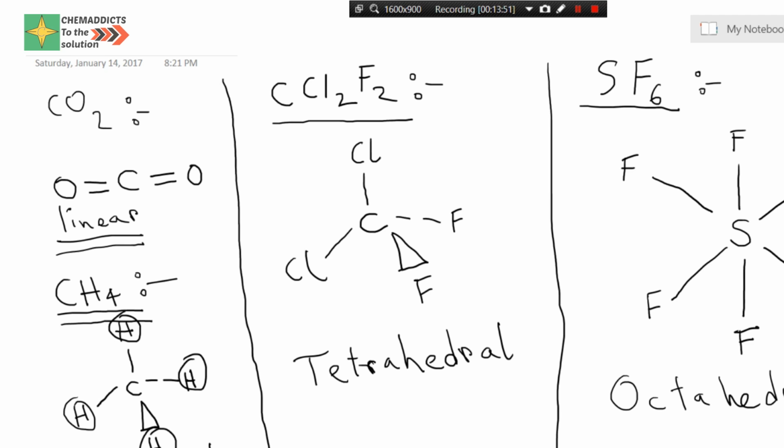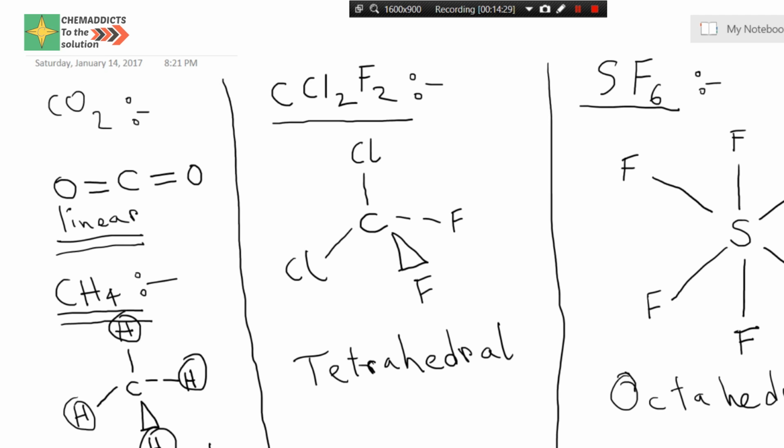I don't know the name of this shape, but it has a square planar. So here we have a square planar, and one fluorine atom is attached above this square planar, and another fluorine atom is attached below it. That's how it looks. So the shape of this molecule, SF6, is octahedral.